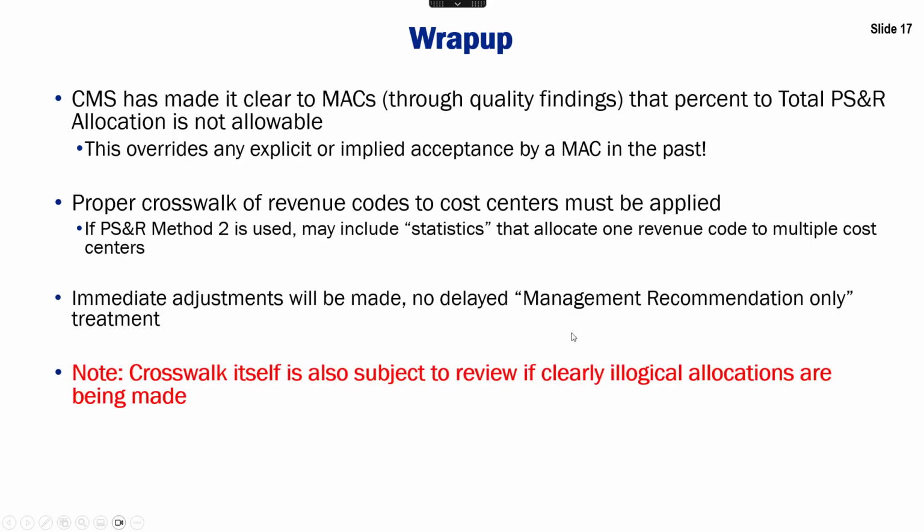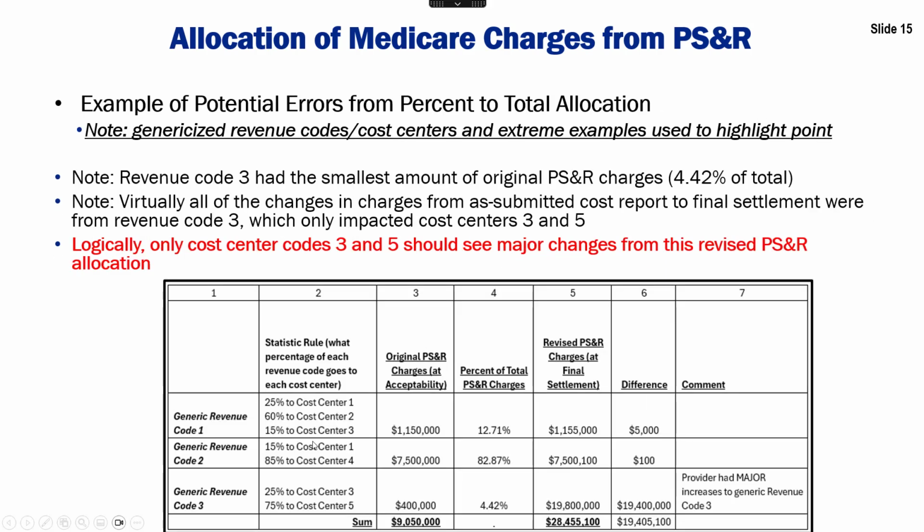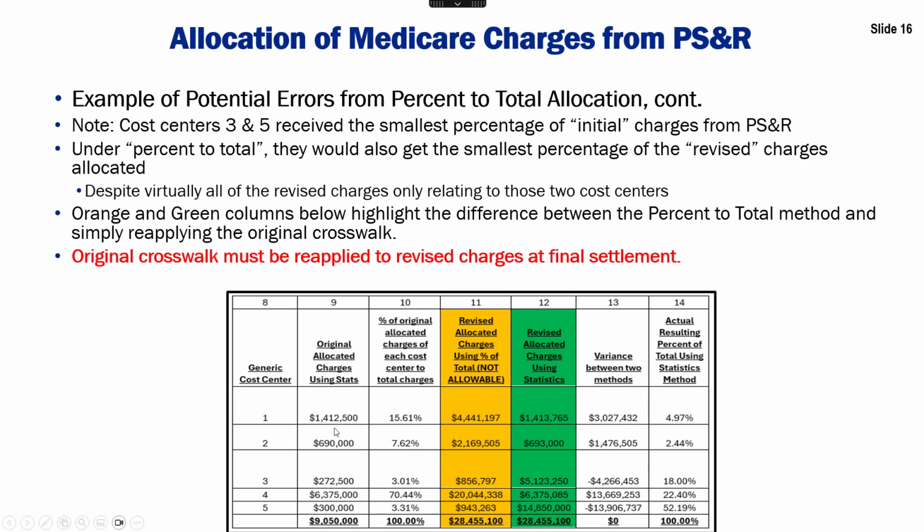Whoops. Go back here. The problem is, if you apply these charges against these statistics, so you follow these rules to identify which cost centers they go into, here's what you arrive at using the original PSNR charges. Again, that was $9 million in charges, and here are the cost centers that they would have gone to.